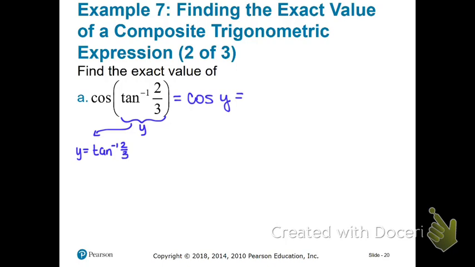Just like before, I'm going to take the inverse. So that means tangent of y equals 2/3. Tangent is y over x, and we're looking in what quadrants? Quadrants 1 and 4, but since tangent is positive, which specific quadrant is it?